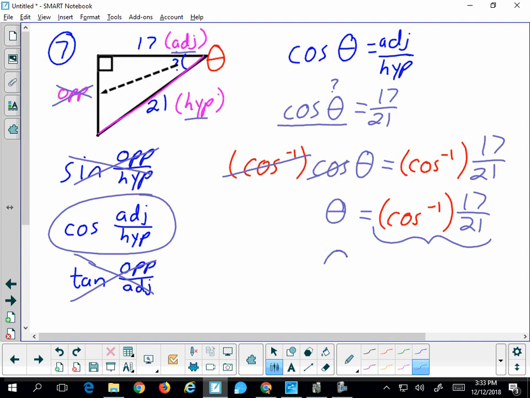So my angle measure in this problem is 35.95 degrees. So that would be your answer.